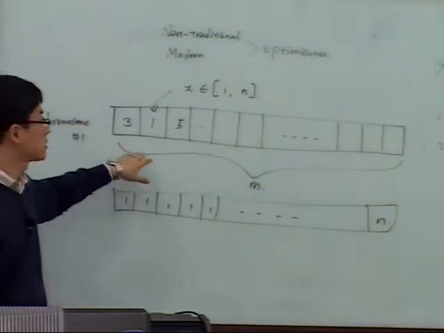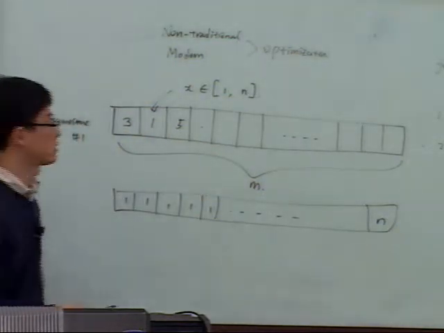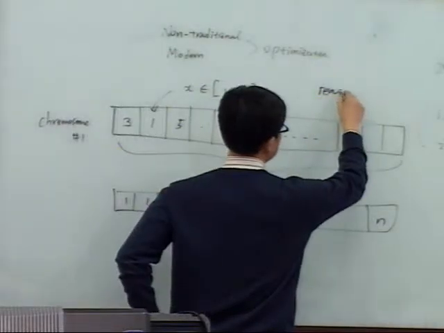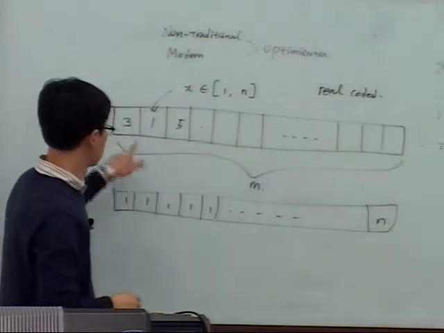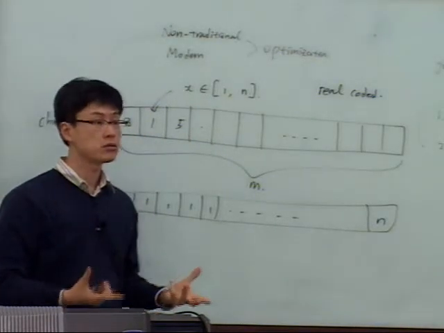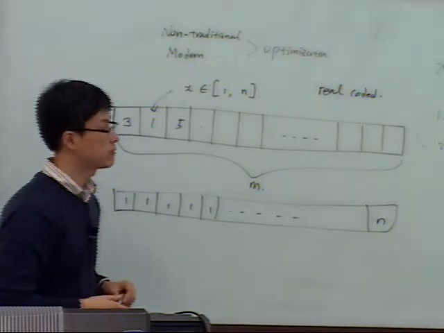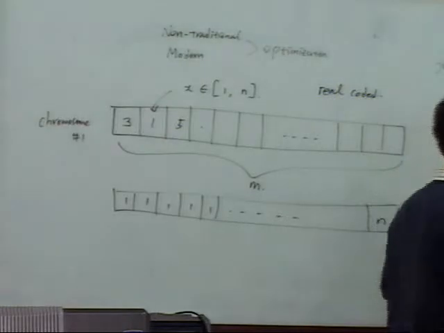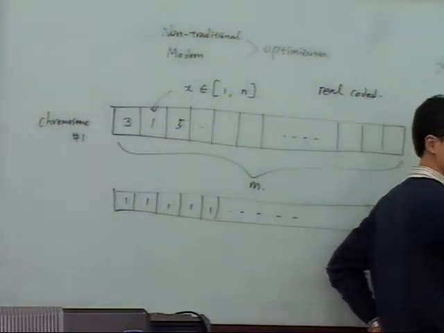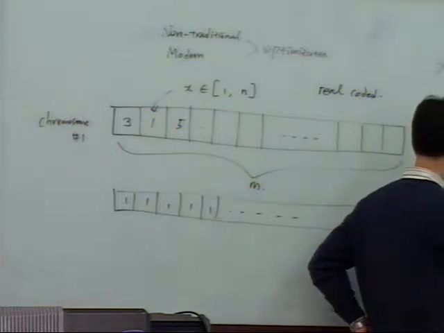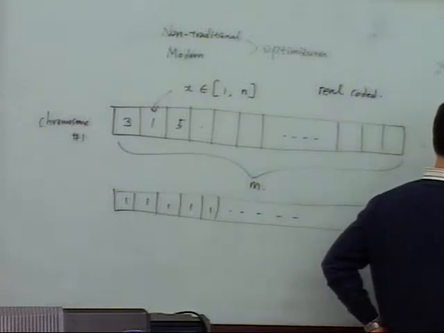Okay? Sometimes your gene is a real coded gene, which means these genes are real numbers or integers or something like that. Or for some different problems, your problem is an x, and this is an integer from 0 to 31.